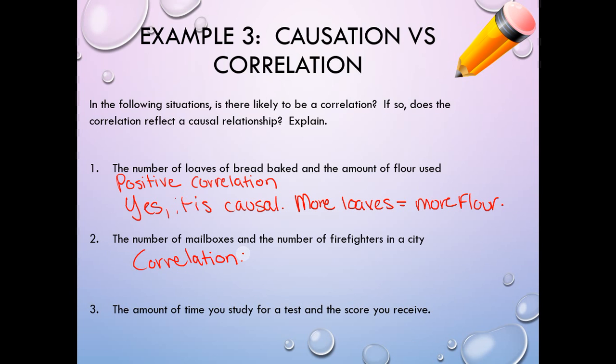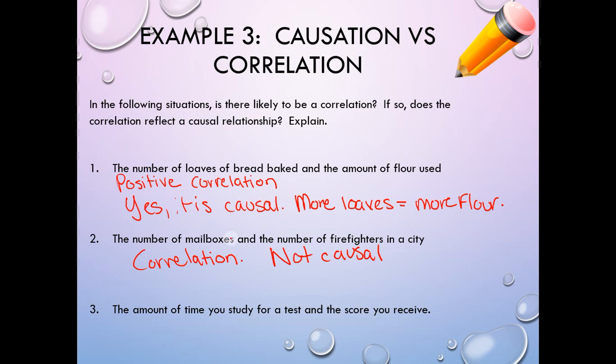But now, does the number of mailboxes cause me to get more firefighters? Or do more firefighters cause me to get more mailboxes? It's not really a good cause. You can't really find the direct link. So this one is not a causal relationship.